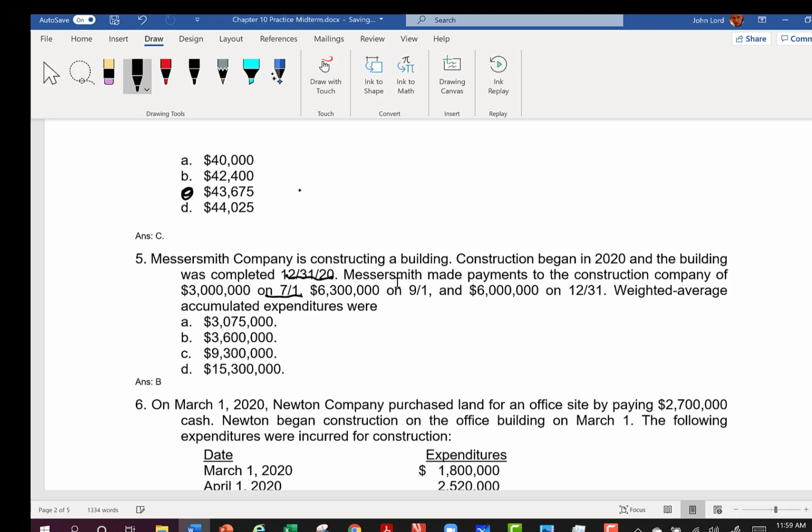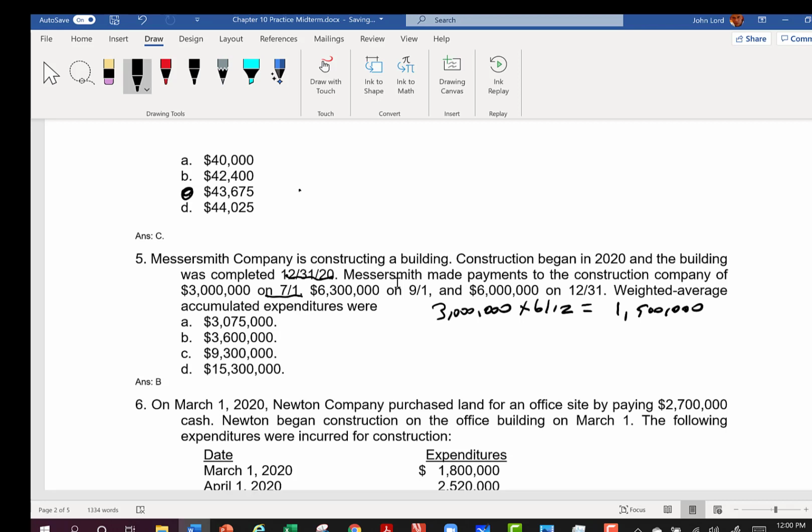So we have payments of $3 million that were made on 7/1. So what happens? I take that $3 million, and since that was first made on 7/1 and construction ended on 12/31, that means it was outstanding for 6/12 of the year, 12 months in a year. That's $1,500,000. When I do the math, that comes to my weighted average of accumulated expenditure.